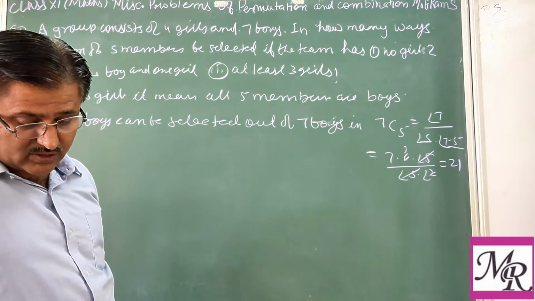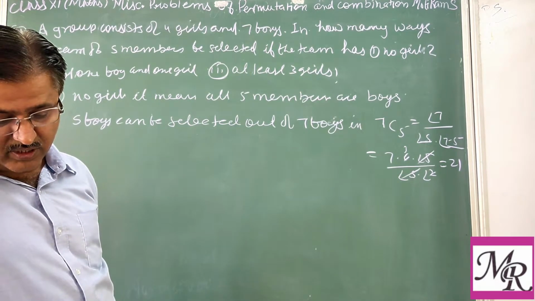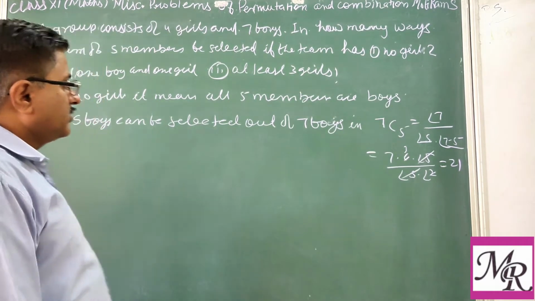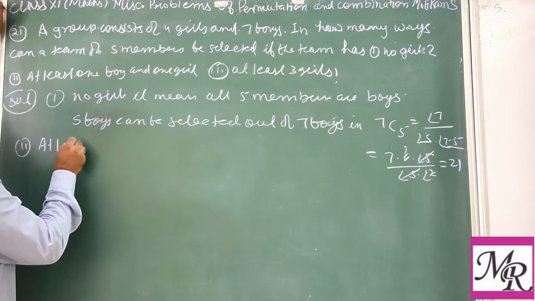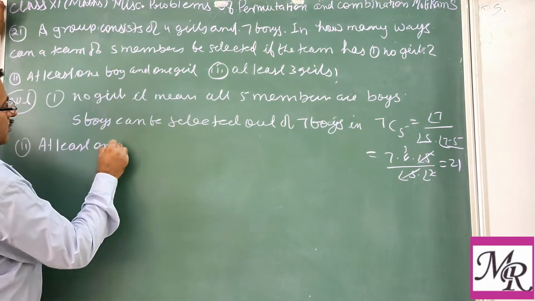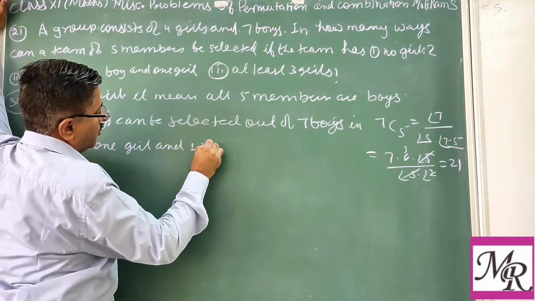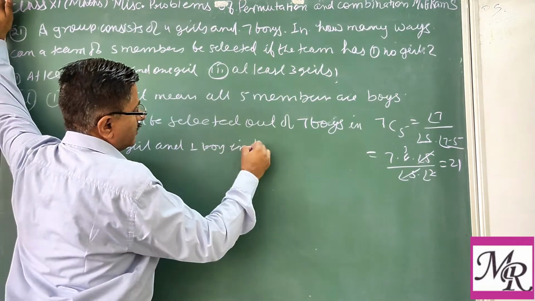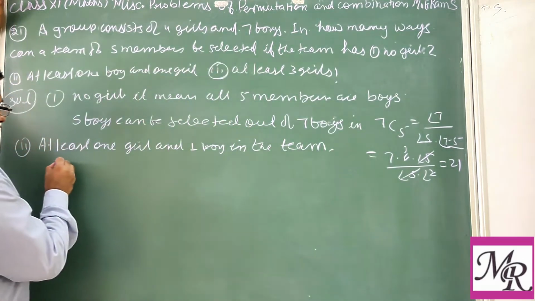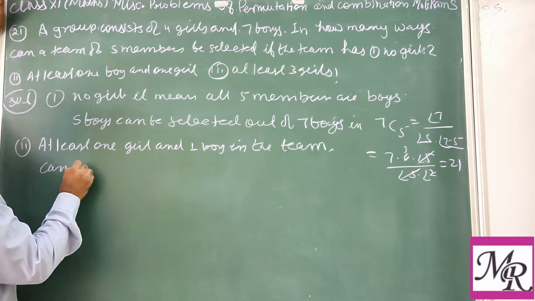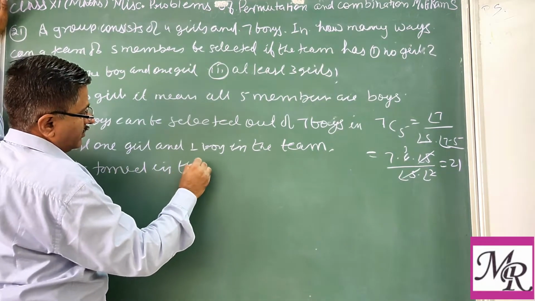Clear? Now the second says at least 1 boy and 1 girl can be there in every team. Therefore the team in the second part, with at least 1 girl and 1 boy in the team, can be formed in the following way.